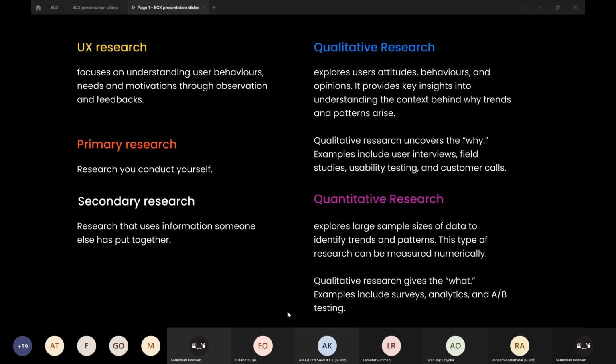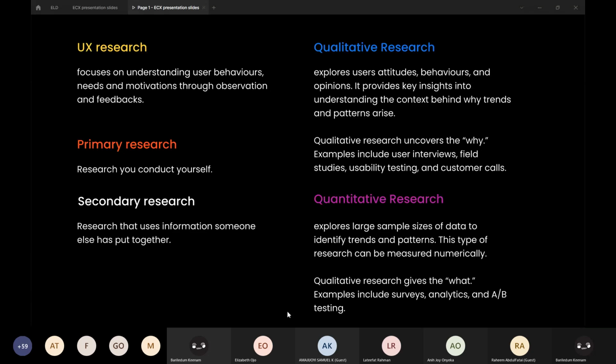But for quantitative research, which is based on surveys, you can include a very large number of questions. You can just send out surveys and get a lot of answers from users. But interviews are always based on a few groups of people.